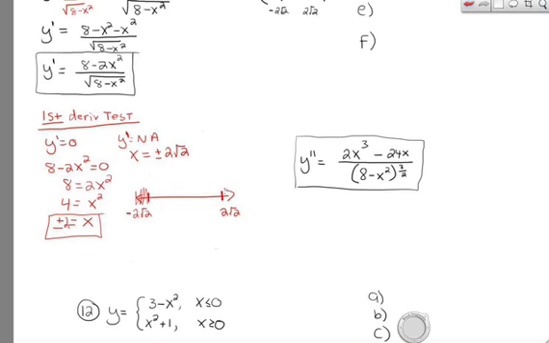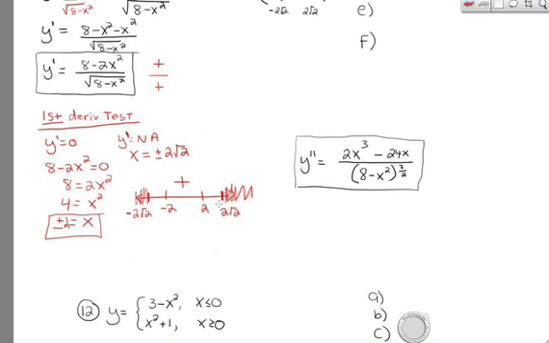So we're not even going to think about plugging numbers in out here. We have negative 2. We have positive 2. Okay, so using my derivative, plugging in 0, which is in between. Top, I get a positive. On the bottom, I get a positive.